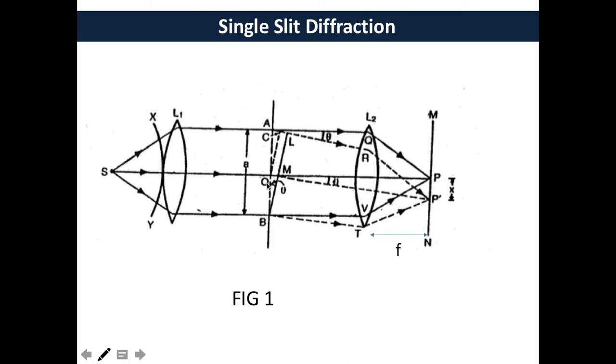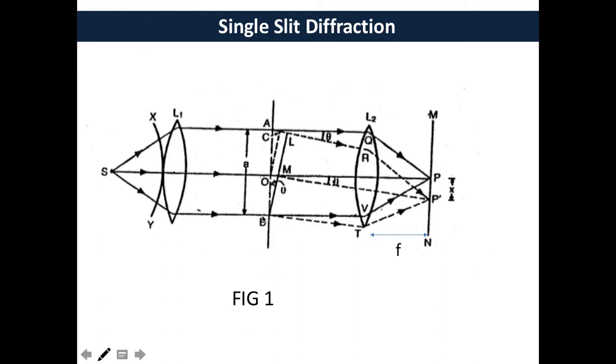OC and BL are both perpendicular to AR. So if we take sine theta, it is opposite divided by the width of the slit a.